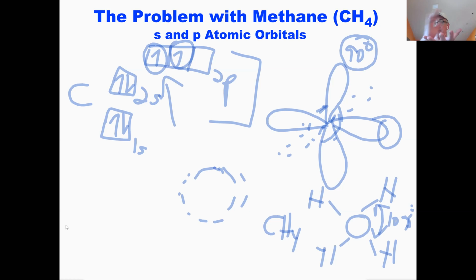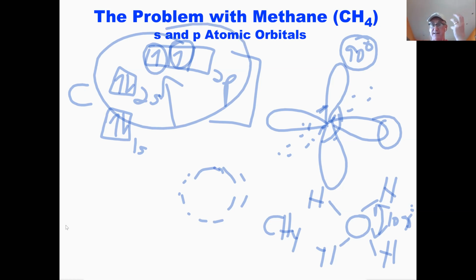We don't have electrons in methane in that orientation. We just don't. We know we don't, because we've measured these bond angles. They're all the same. They're all identical. You have to have 4 identical bonding electrons to make methane. And here, we don't. And so that is what came up.